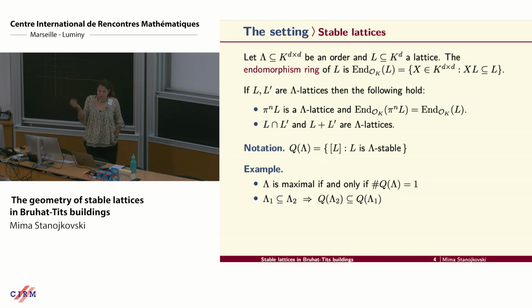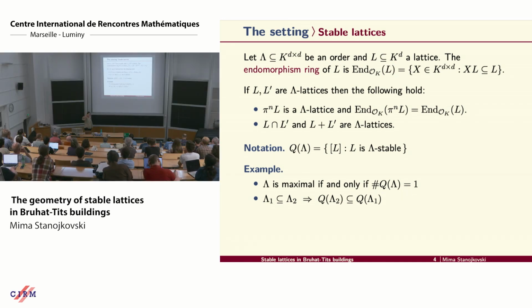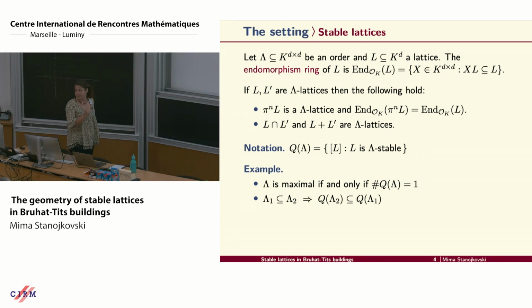Since whenever we have a lattice, we have also its homothety class immediately, instead of looking at the lattices, we're going to be looking at the homothety classes of stable lattices under an order. And this I'm going to denote by Q_Λ.